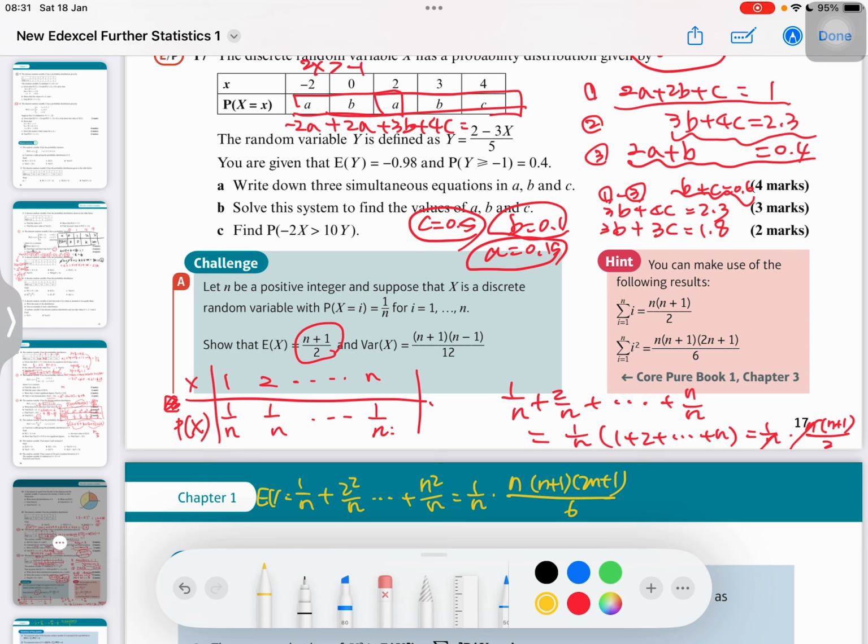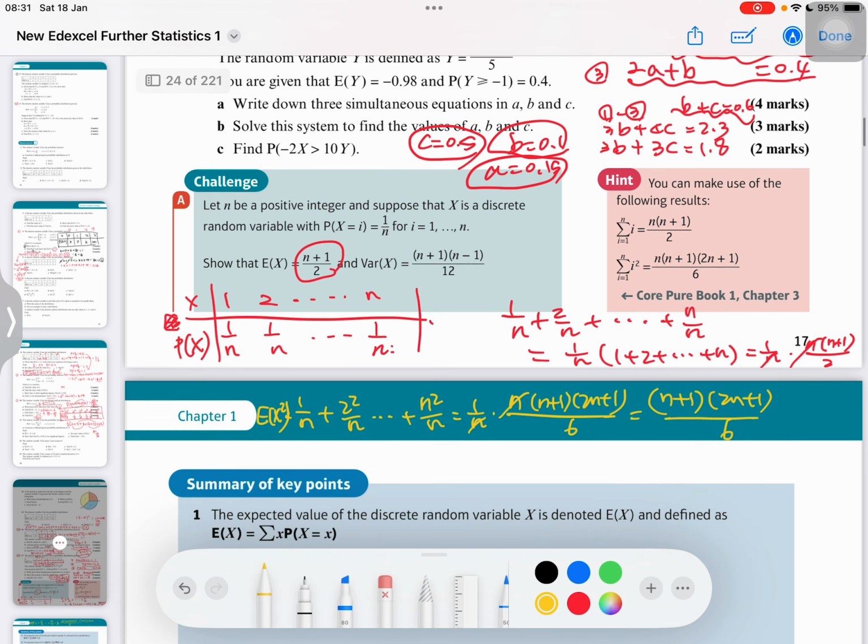I'm calculating the expectation of x squared, so n plus 1, 2n plus 1 over 6. So the variance is n plus 1, 2n plus 1 over 6 minus the square of n plus 1 over 2.